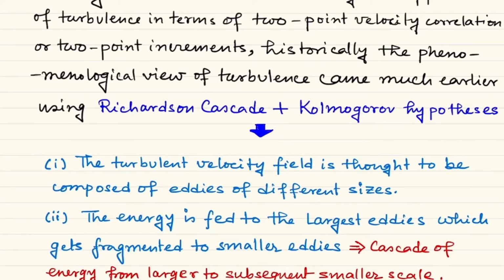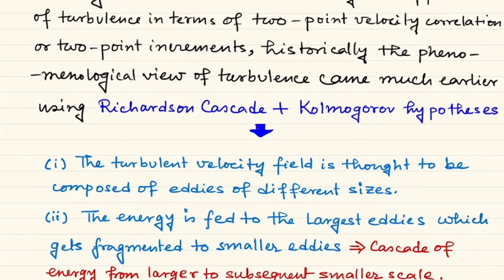Now, when the larger eddies get fragmented into smaller eddies, what happens? The energy was first fed to the largest eddies. Now they are becoming smaller eddies, so energy is now effectively in the smaller eddies. So practically, we are saying that the energy is cascading from the larger to the smaller eddies.